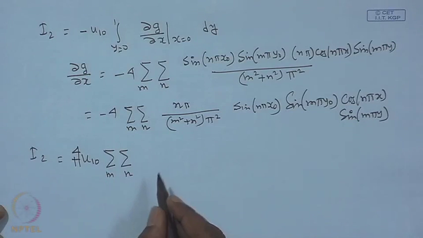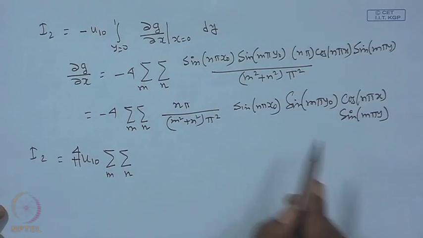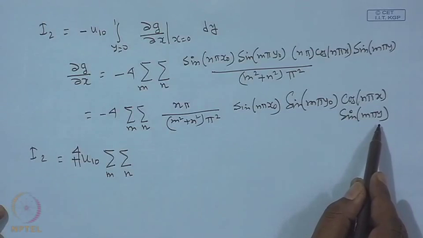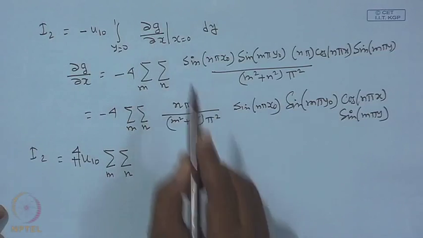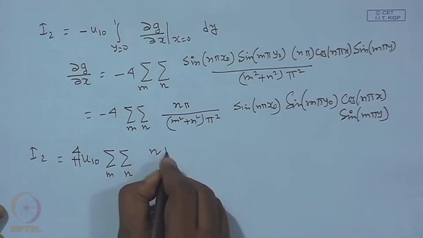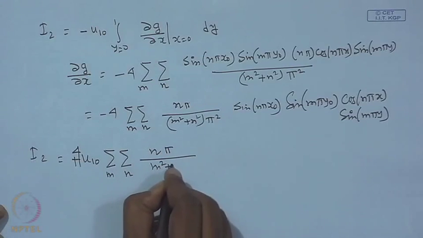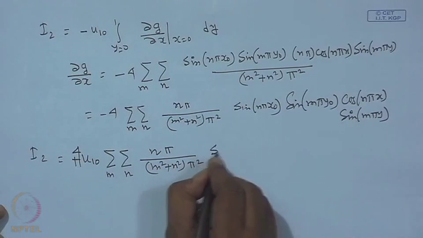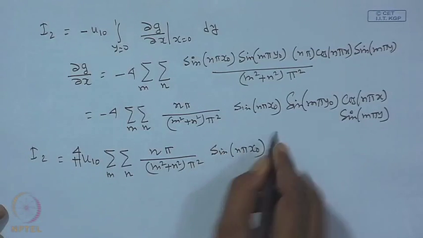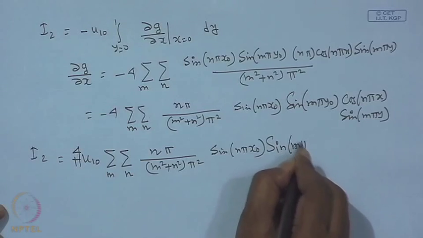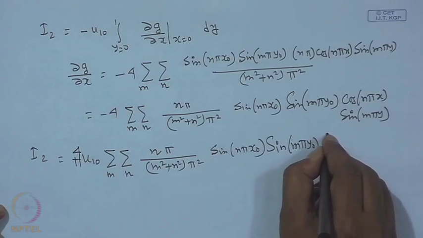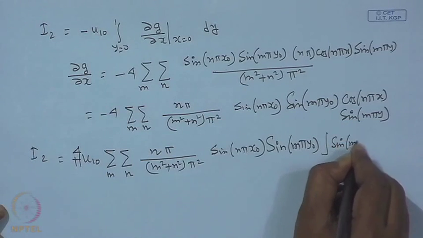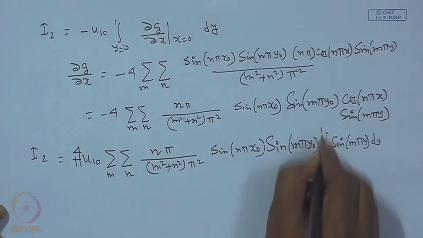So, if we integrate it out with respect to y, it will be simply the integral of sin m pi y dy, and del g del x evaluated at x equal to 0. So, let me write it down. One more step: m square plus n square pi square, sin n pi x naught sin m pi y naught, cosine n pi x at x equal to 0, cos 0 will be 1. So, this will be the integral of sin m pi y dy from 0 to 1.